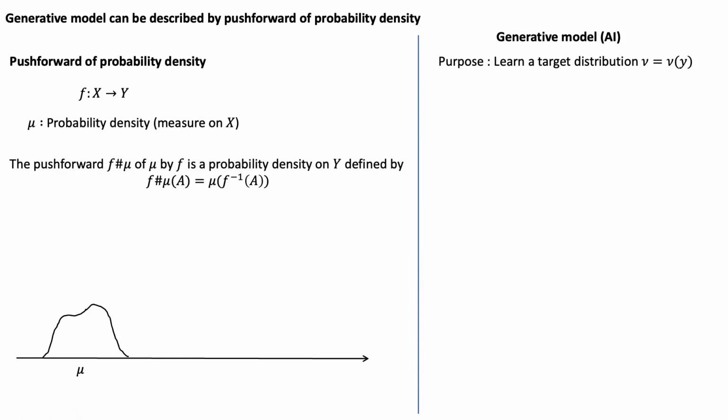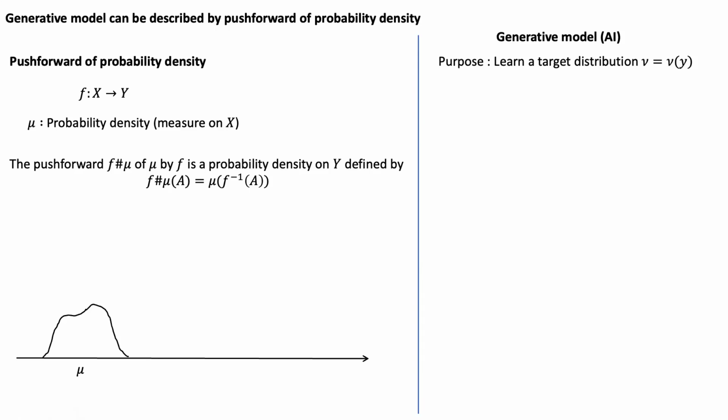Then we define the push forward. So we have a map f and we have an initial probability density. Then the push forward f_# mu is a probability density on Y. So mu goes to Y by the map f.